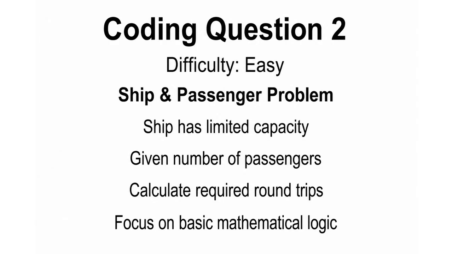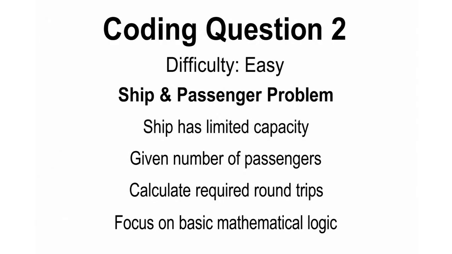Now coming to the second coding question, this was an easy level question based on a ship and passenger problem. The ship has a limited capacity and you are given a number of passengers. Your task is basically to calculate how many round trips are required to transport those passengers.